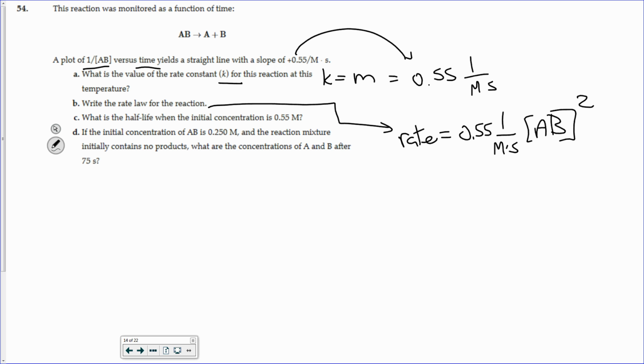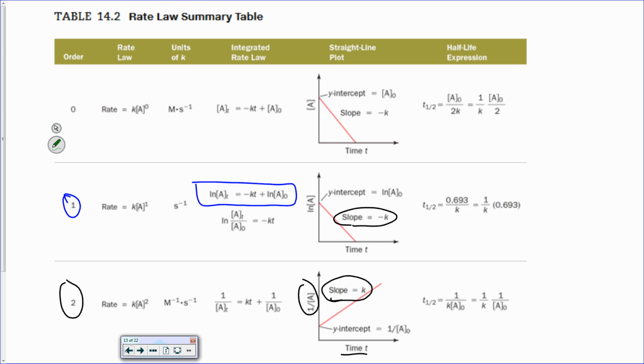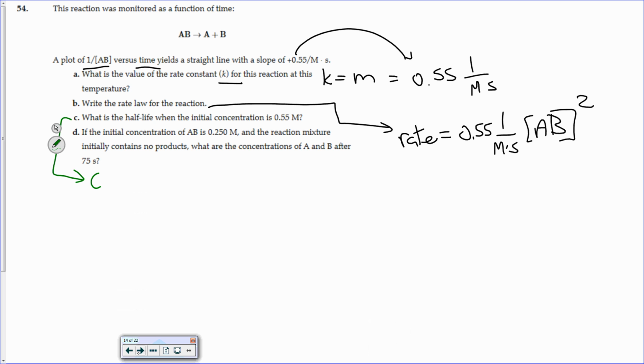All right, so C is the half-life question. Let's look at what would happen with the half-life. On C, we know it's second order. The relationship for half-life is that the half-life is equal to the inverse of K times the inverse of the initial concentration.